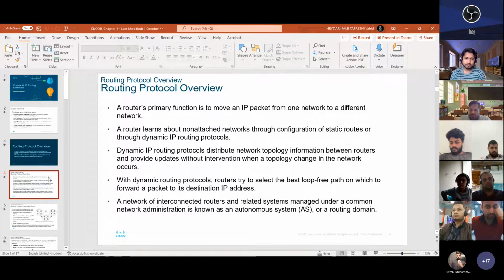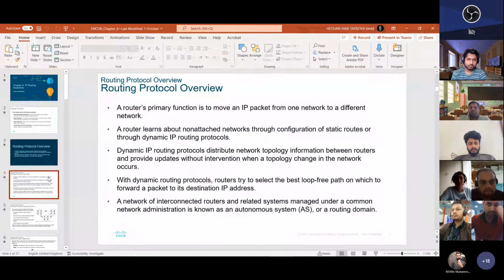I already defined that for you, but here is the formal definition. When we are talking about routing, we can talk about two different things. We can talk about a collection of networks which are under a single administration, which is now talking to another collection of networks, which is under a separate administration or separate control.